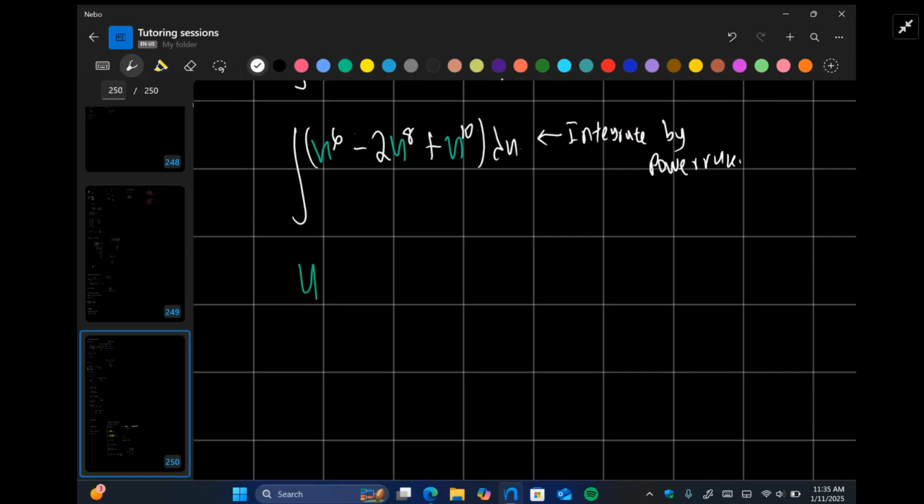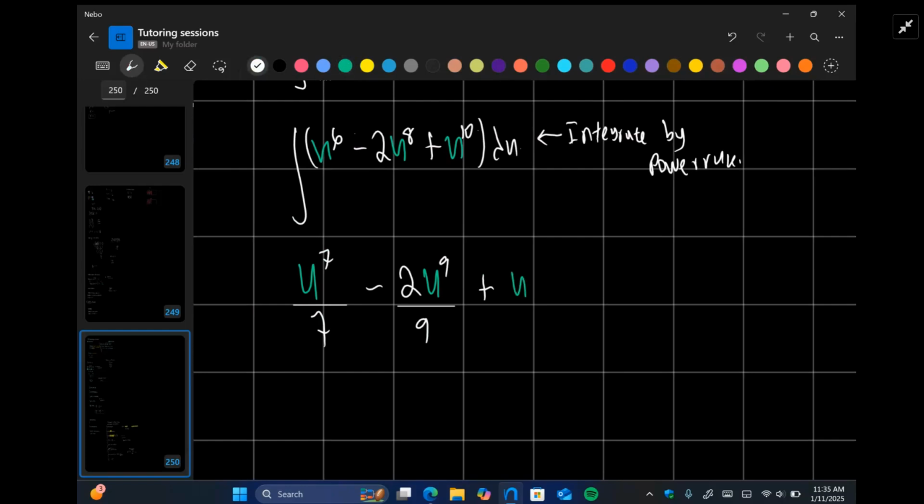So then we're going to do u to the 7th. Obviously you just add 1 and then make it over 6 plus 1. So u to the 7th over 7 minus 2 u to the 9th over 9, and then plus u to the 11th over 11.